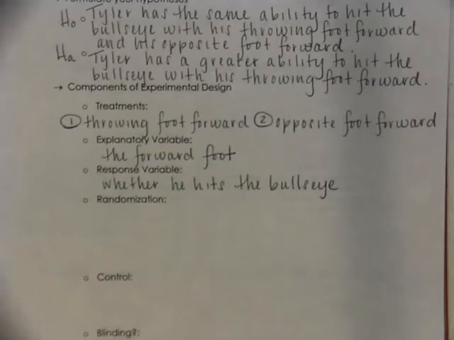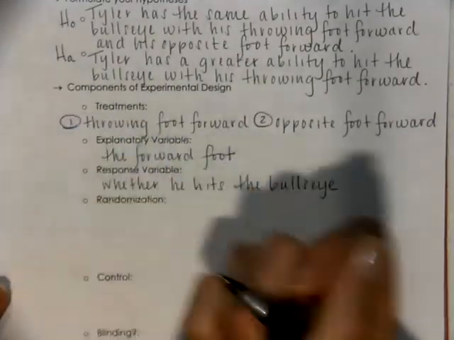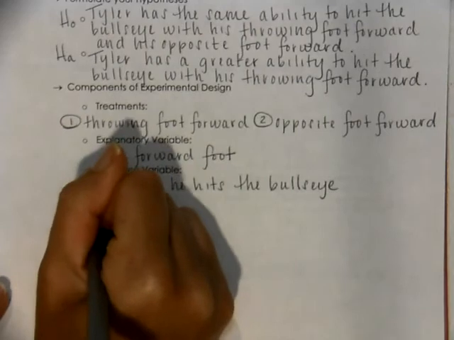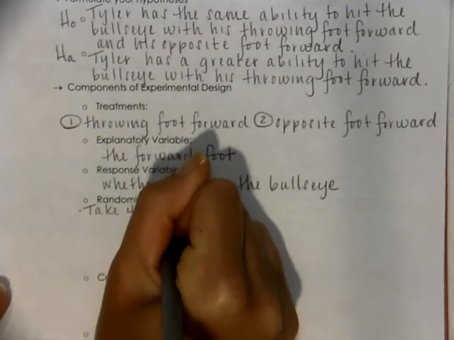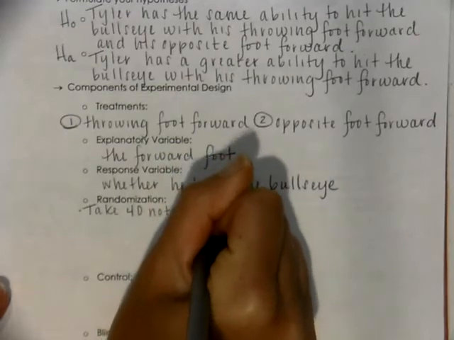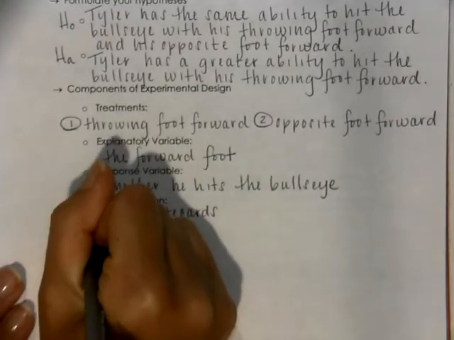So we can do that by, now he's doing a total of 40 throws. So take 40 note cards, and we would label 20 with throwing foot and then the other 20 with opposite foot.